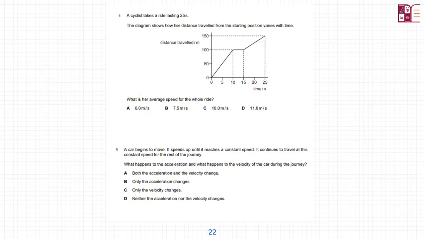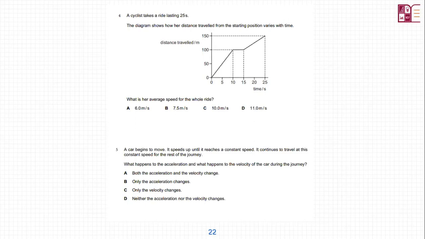A car begins to move, it speeds up until it reaches a constant speed. It continues to travel at this constant speed for the rest of the journey. What happens to the acceleration and what happens to the velocity of the car during the journey? Now it speeds up until it reaches a constant speed and it continues at the same constant speed.